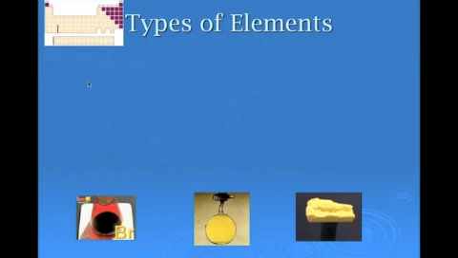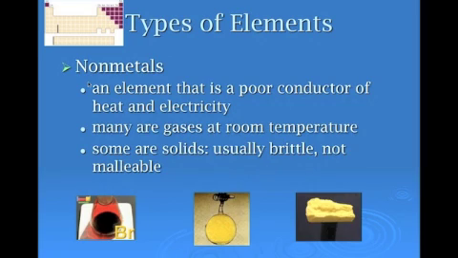And lastly, the last type of element that we have are the nonmetals. A nonmetal is an element that is a very poor conductor of heat and electricity. Many are gases at room temperature, and some are solid and usually brittle and definitely not malleable. If we remember back what a metal was, a nonmetal is basically the opposite of that.